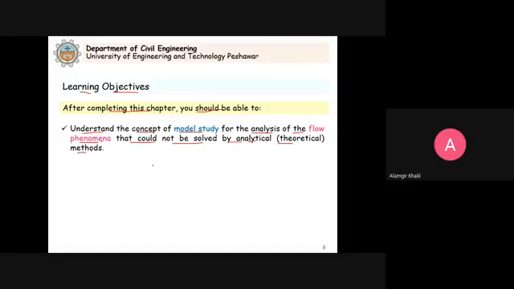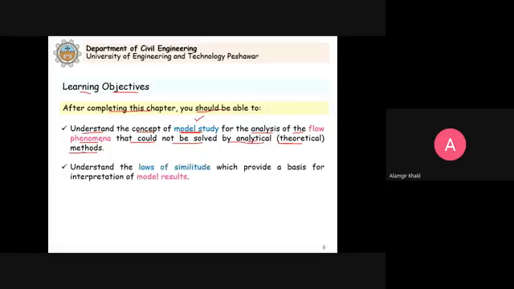Clear? So in this chapter, you should be able to understand the concept of model studies. Model studies are required because analytical or theoretical methods alone are sometimes not sufficient to fully explain fluid phenomena.